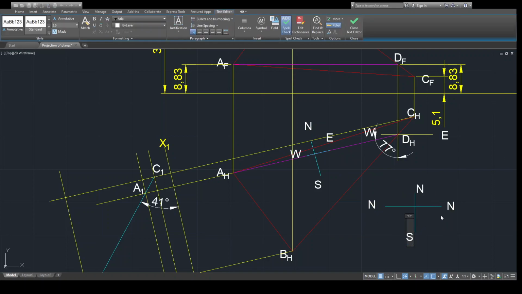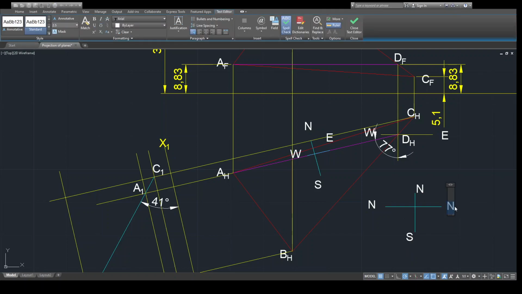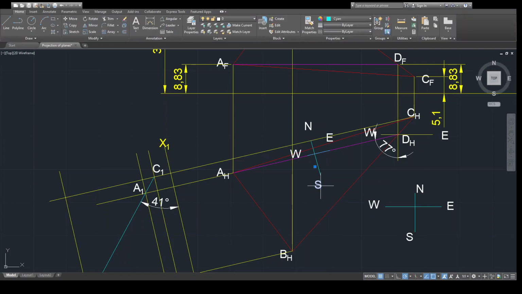So north, south, this is the east, and this becomes west. I will remove this just for the time being.